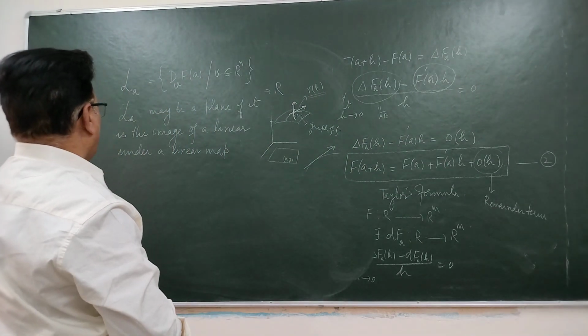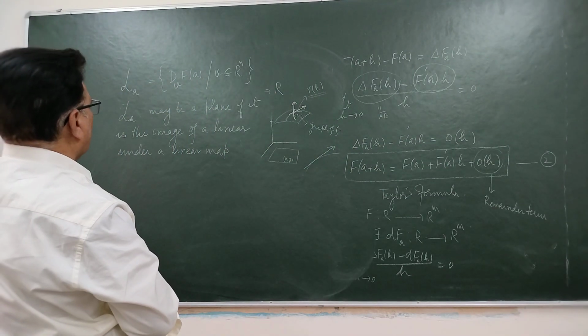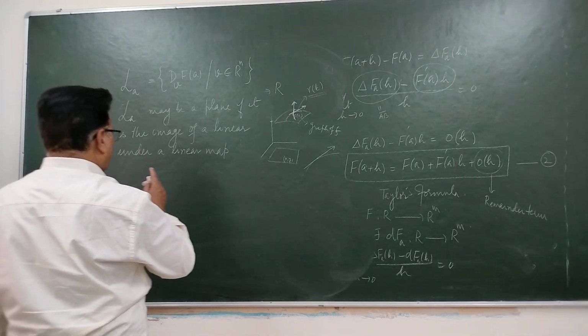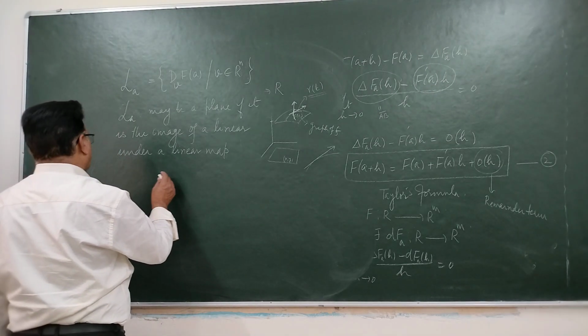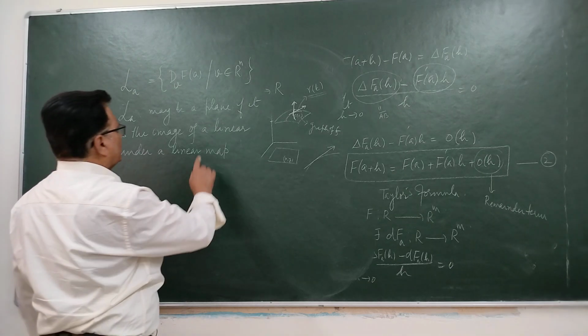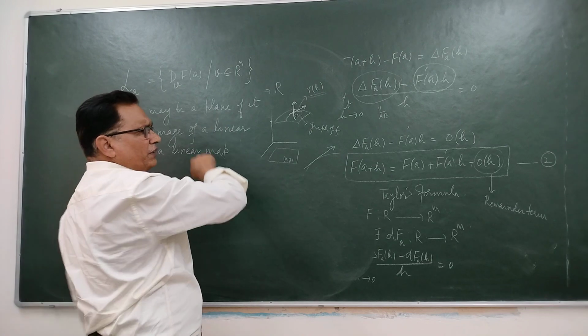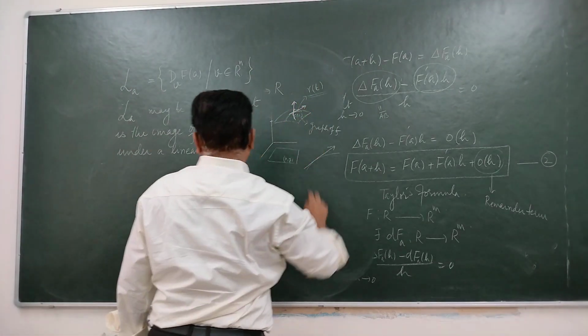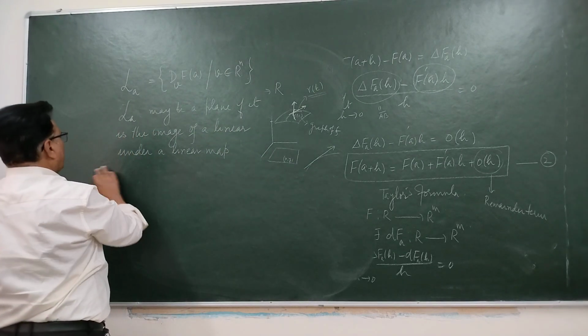That is why I am thinking of this as a plane or a two-dimensional space. So we need to demand. So this is what we demand. We are saying that this is the image of a linear space. So Rn is already a linear space. So that is why we demand.